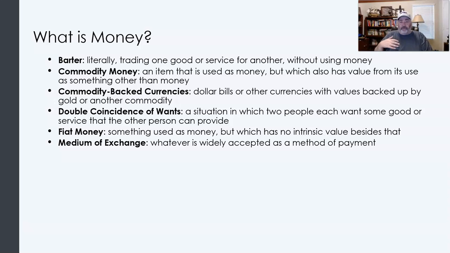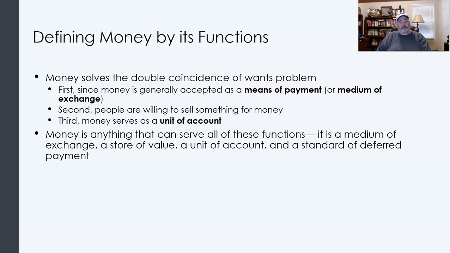Even if you don't take it anymore as a medium of exchange, it still has value. There's still people buying gold all the time. So it's different from fiat. And a medium of exchange is the primary function that our money serves. It's so that we can transact business. It's a method of payment. So that's the primary function.